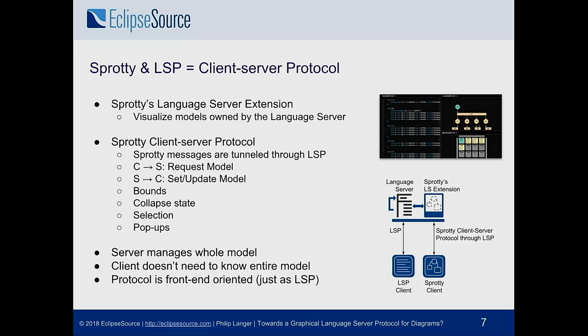This extension can then communicate with a Sprotty client, tunneled through the LSP or the language server connection, and introduces a couple of additional action messages that the server and the client can exchange. For instance, request the model, update the model, compute bounds and so on. So navigation and visualization is all covered already by this protocol.